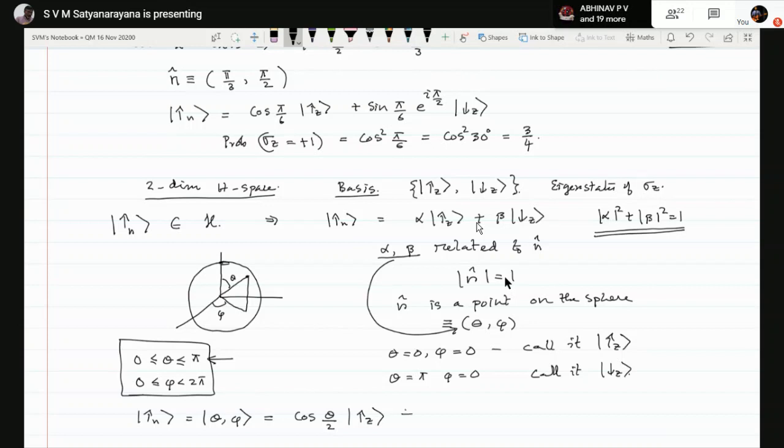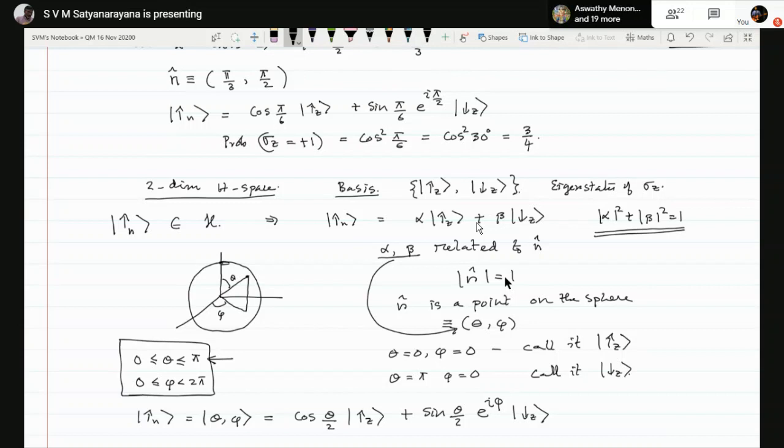Then I have sine theta by 2, and then the phi will always rotate this plane. So it is always going to give you a relative phase between up z and down z. This is how we write down a general point on the sphere.